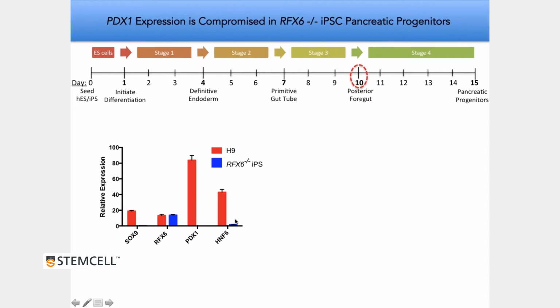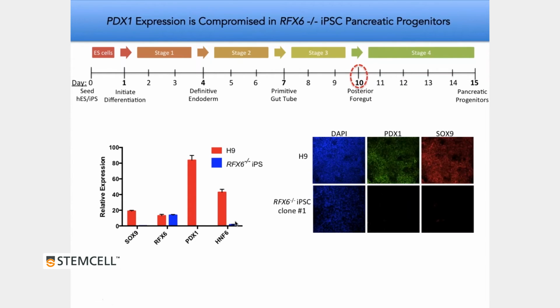So this suggested, using our two iPS clones from our RFX6 mutant patient, that RFX6 might play an earlier role in pancreatic lineage differentiation than previously suspected from work in the mouse.